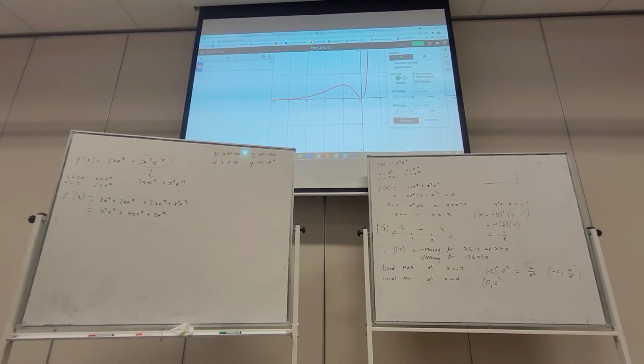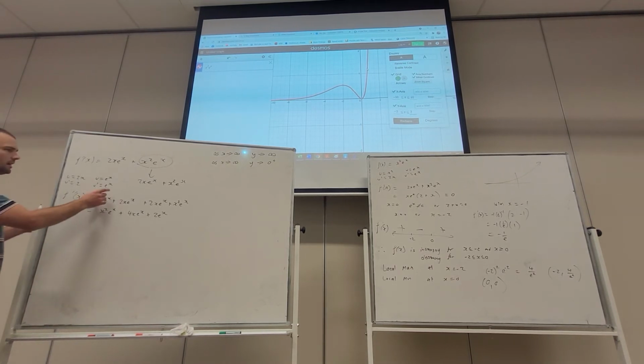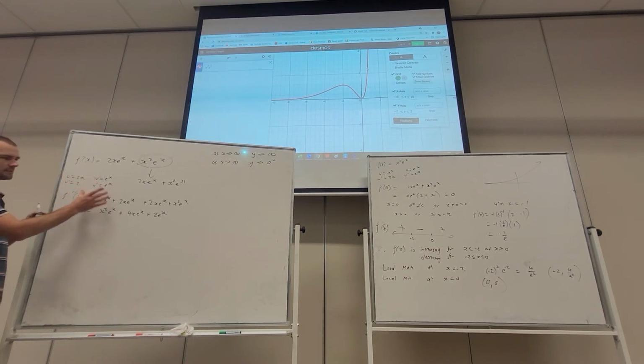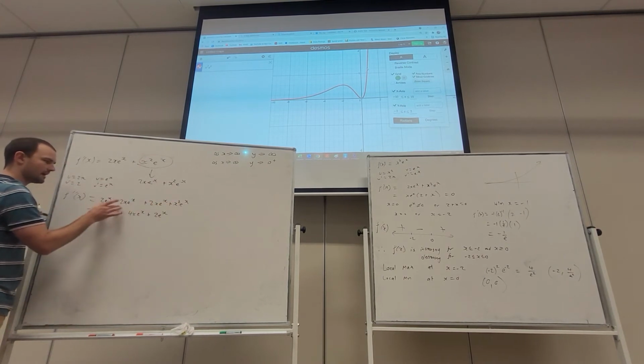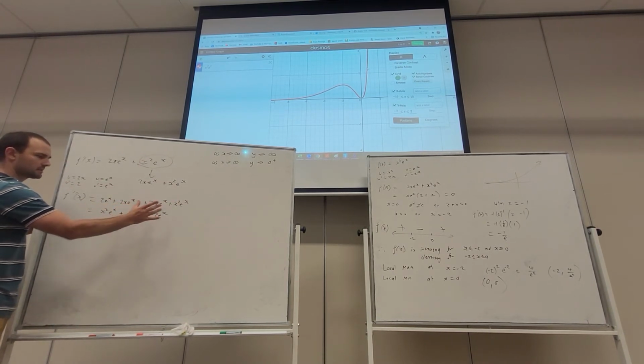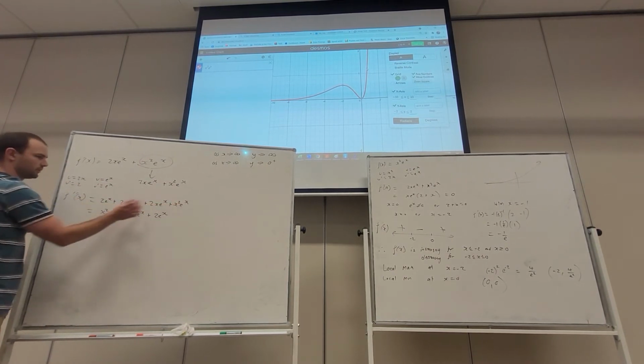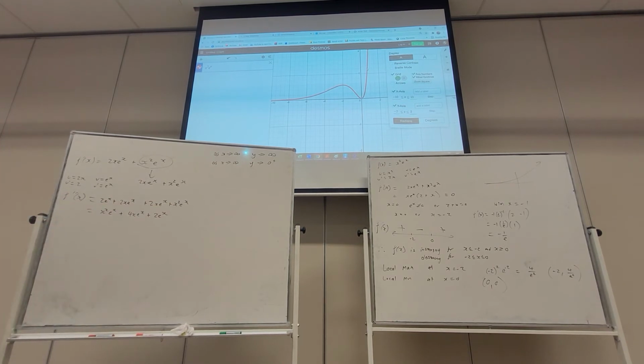Just pause there for a sec to explain my thinking. We've differentiated this, and that's that. We know the derivative of that goes straight here, so I've added them together. These are like terms, so I've brought them together, and I've put the x squared term at the front. Now, e to the x is common.